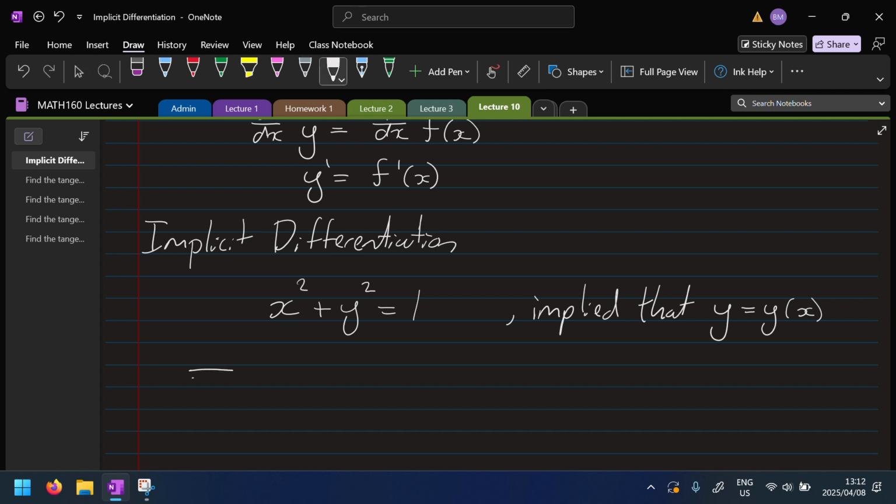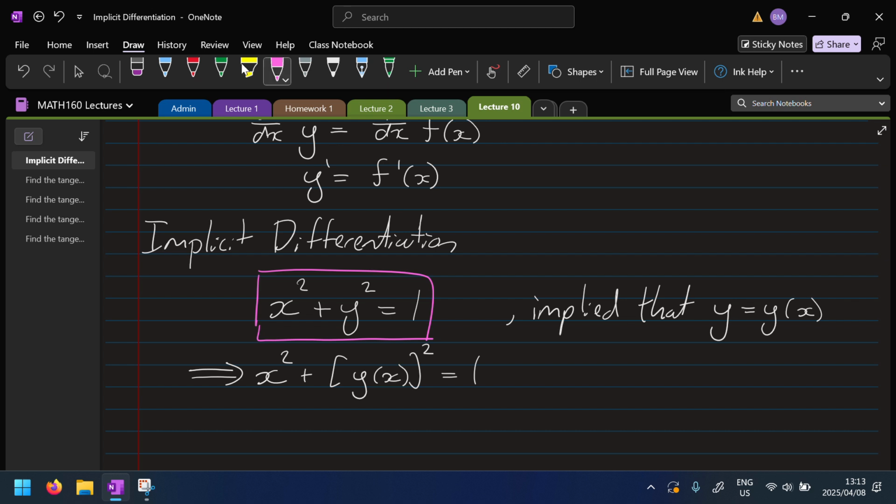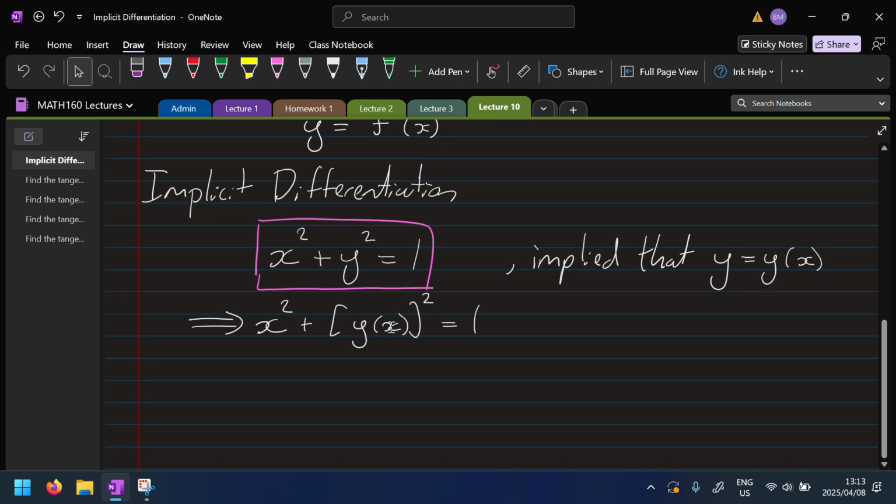If we were to write this out fully, which we're not going to be doing for the examples, it would be x squared plus y of x squared equals 1. So here we have explicitly written the y as a function of x. But it won't be written like this. It will be written like this over here, where we've got x squared plus y squared equals 1, and we know that y is secretly y of x.